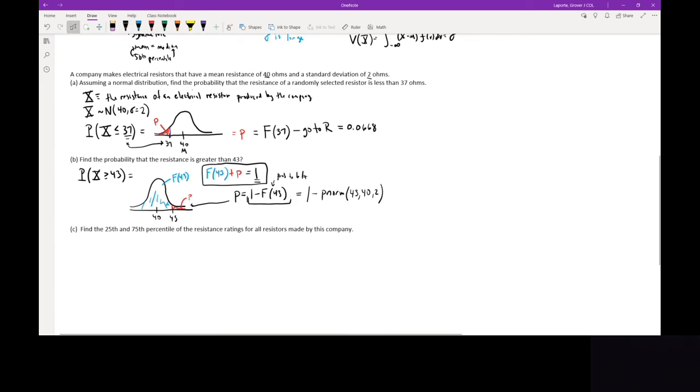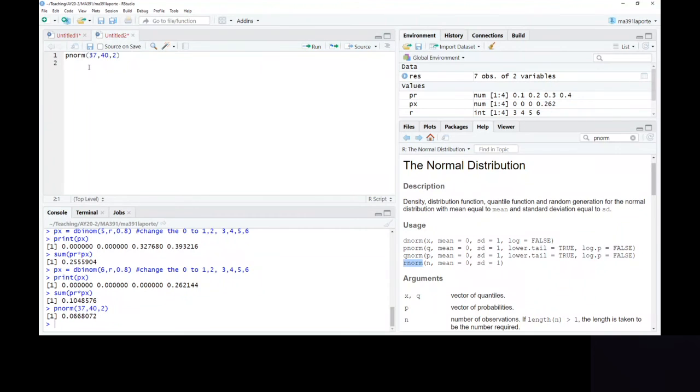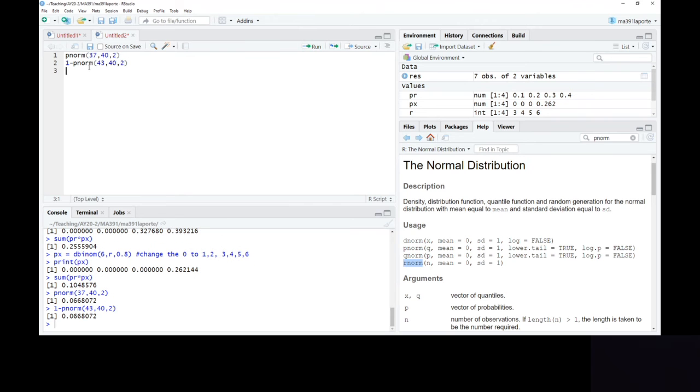All right, I'll do it as well. One minus pnorm, comma 2. And we see that we get exactly what we thought we were going to get.